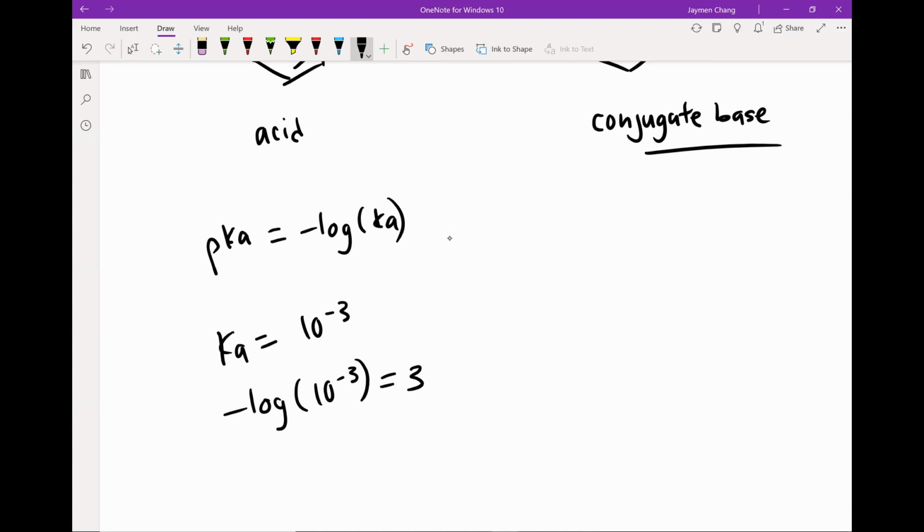And if we have a Ka value of 10 to the 5, we would have the negative log of 10 to the 5, which is equal to negative 5. Does that make sense?